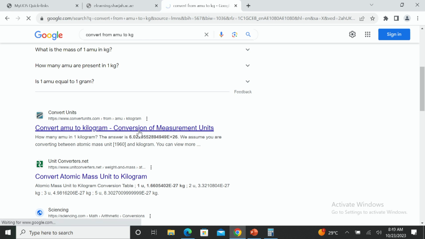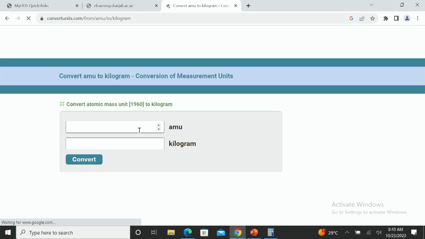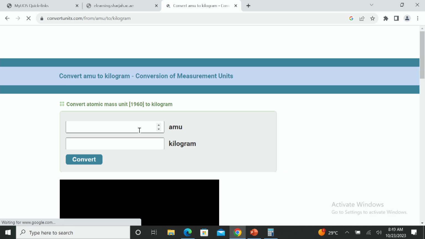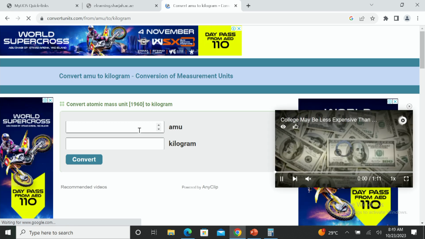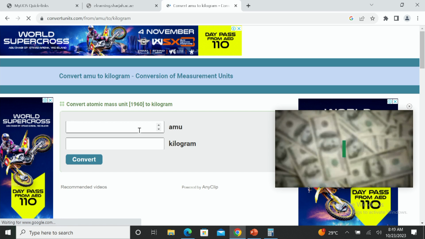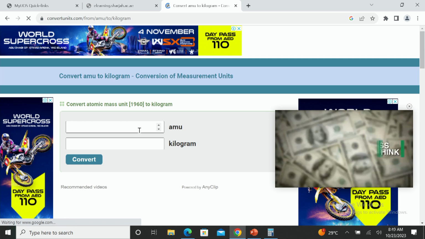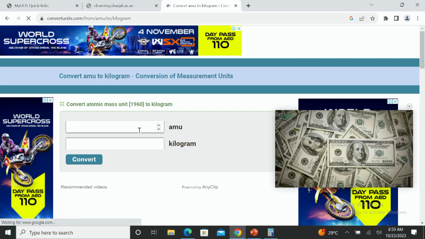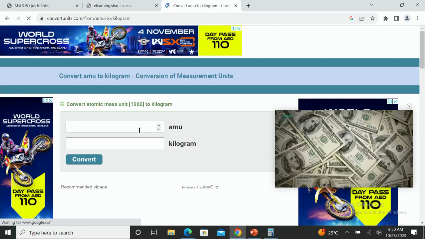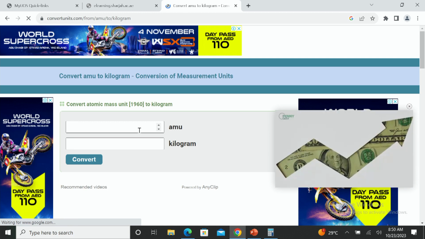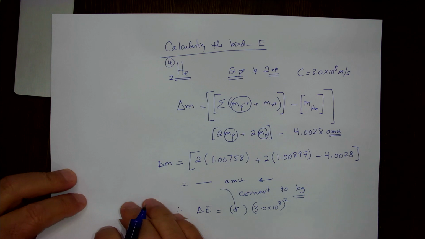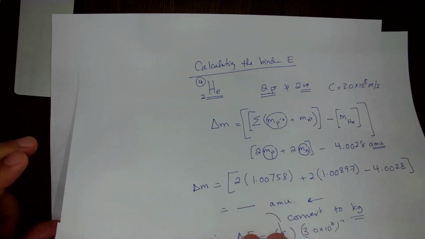You can convert AMU to kilograms, and there is an online calculator that you can use, but you need to know that. In this case, I don't know what the answer is, but you need to do all of these calculations. Okay, so this is calculating the binding energy, and there will be questions on that.